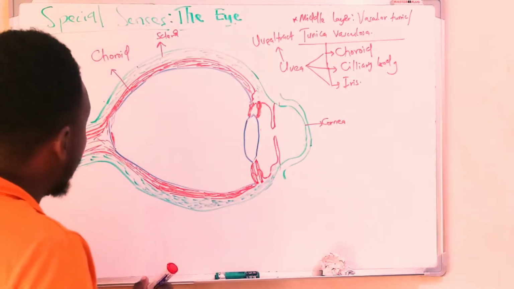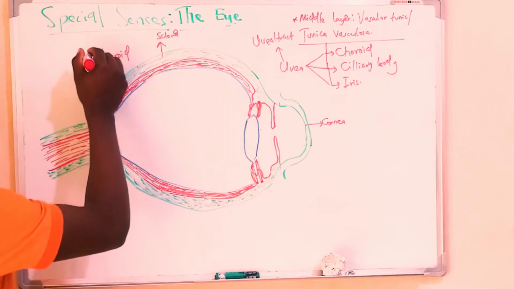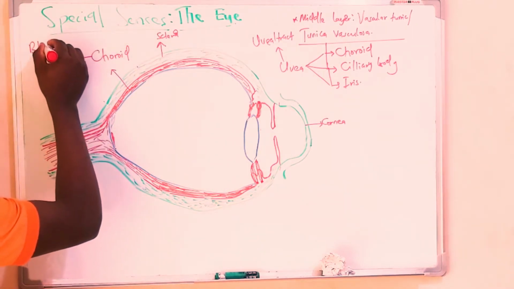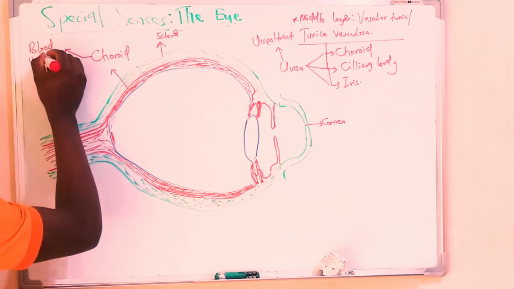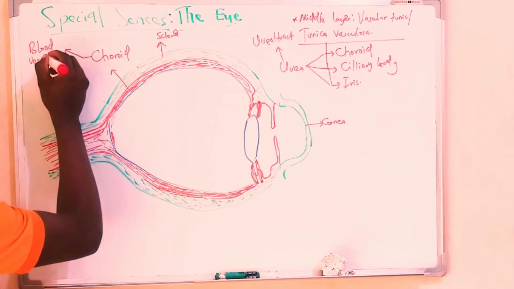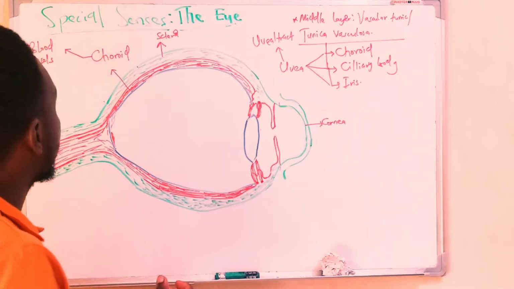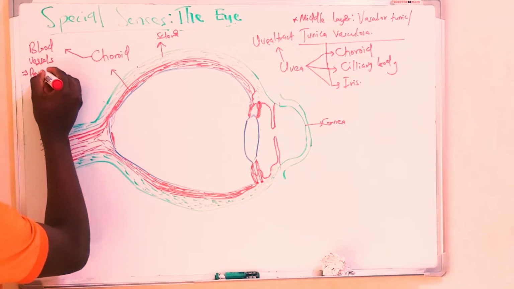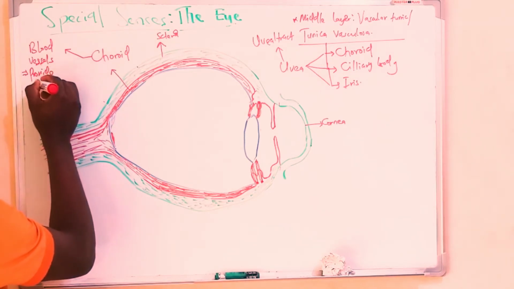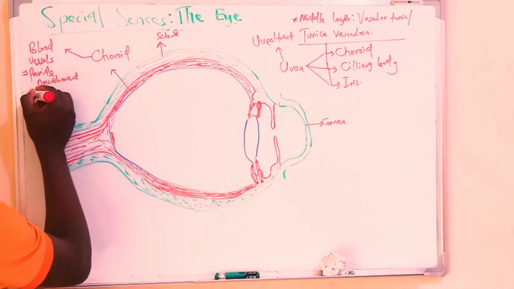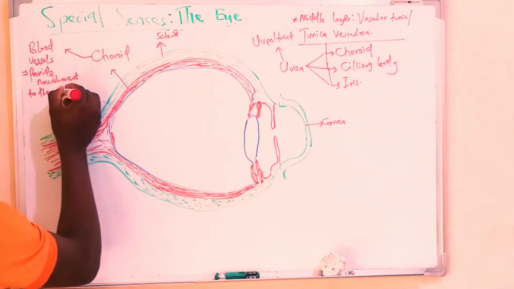This is having blood vessels or vascular structures that provide nourishment to the photoreceptors in the retina.